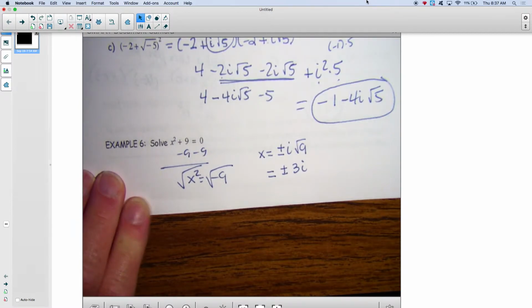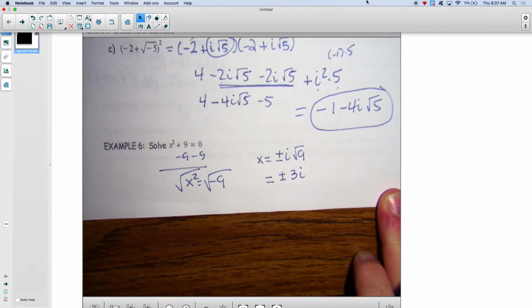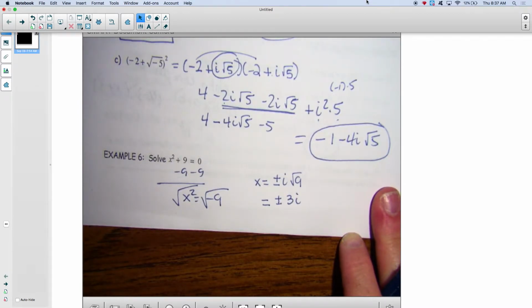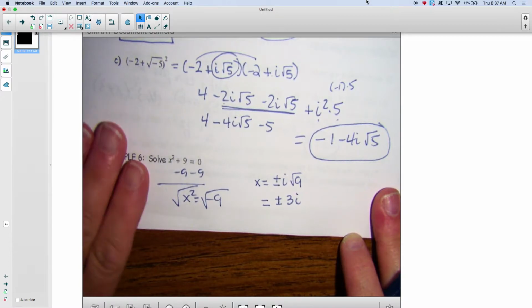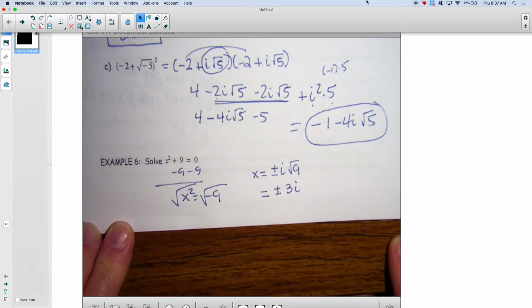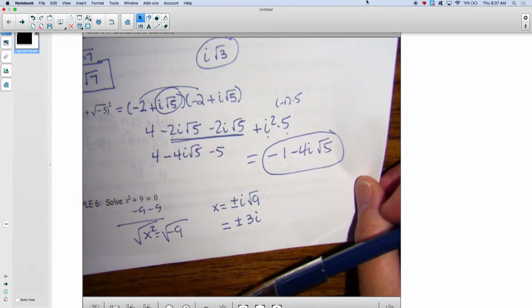Square root of 9 is 3. Questions on 6? Are you done?